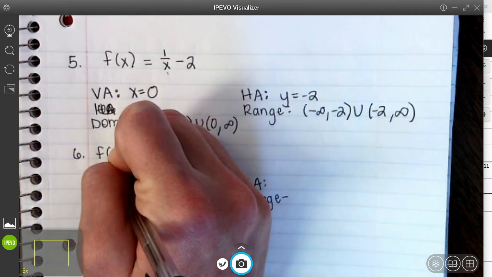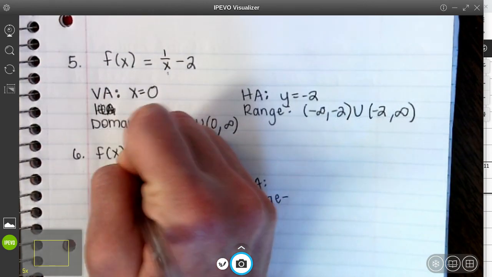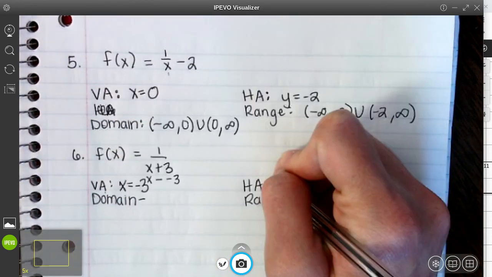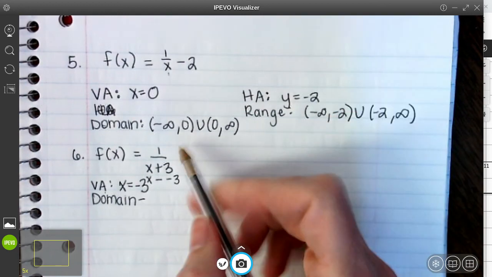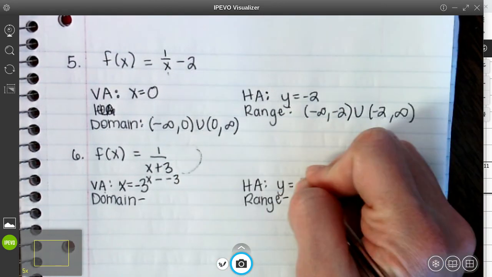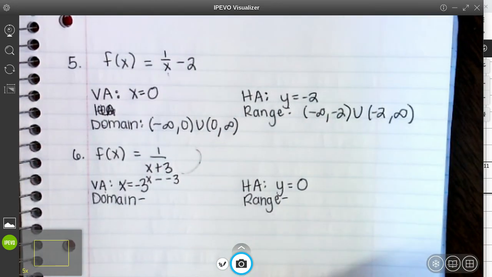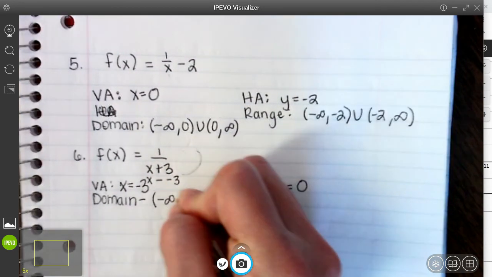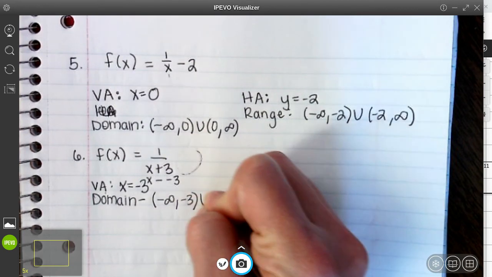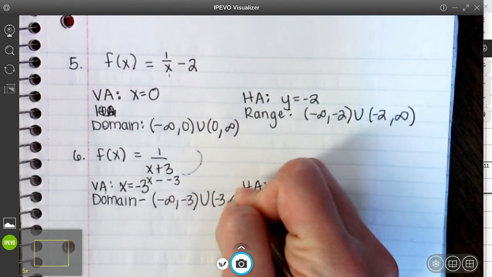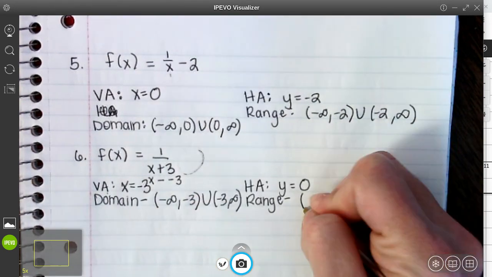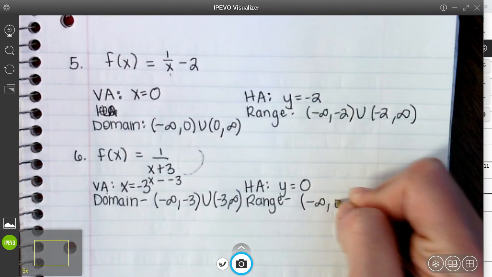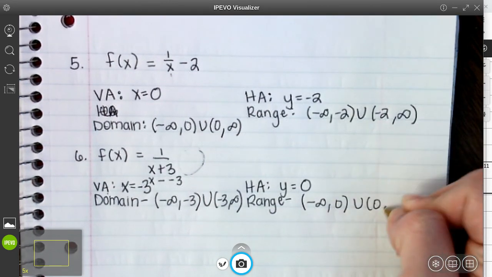So the vertical asymptote is at negative 3. The horizontal asymptote, there's nothing being added or subtracted out here, so it's 0. So then that makes our domain negative infinity to negative 3, negative 3 to positive infinity, and the range is negative infinity to 0, 0 to positive infinity.